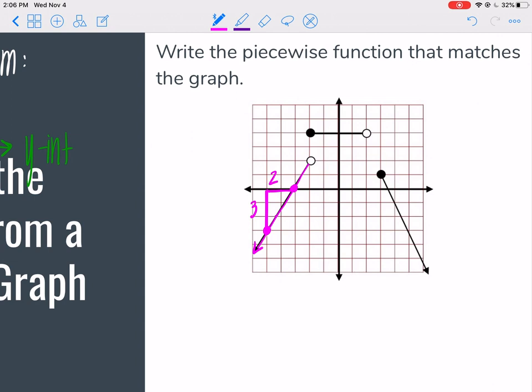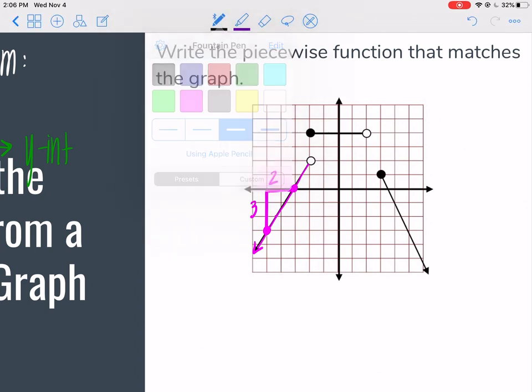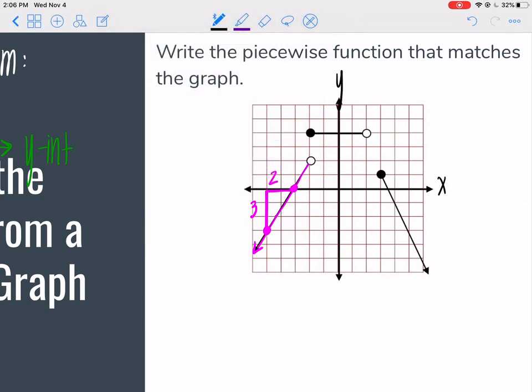If you continue that pattern, if that's the slope, 3 over 2, then we want to go all the way up to where it crosses the y-axis to see what the y-intercept is going to be. So go up from this point, 1, 2, 3 over 2. Okay, this is where it would cross, and that's at the point (0, 5).